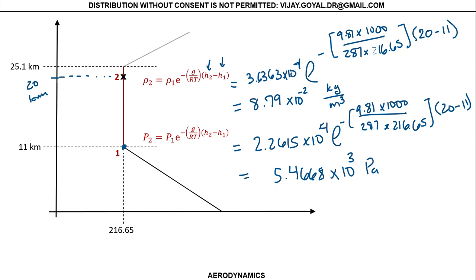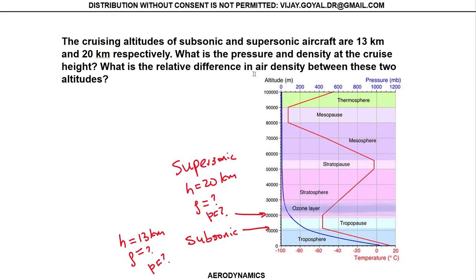The second part the problem is asking is, can you give the difference of the air density? That would be the air density of supersonic divided by the air density of subsonic.